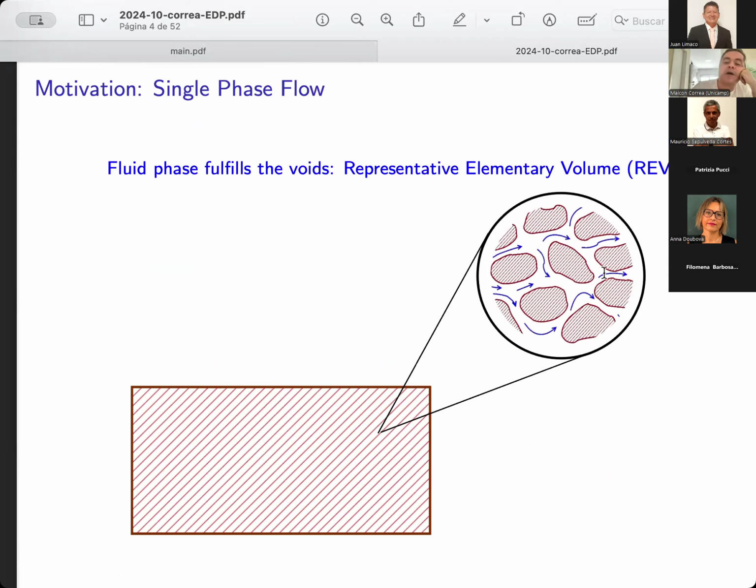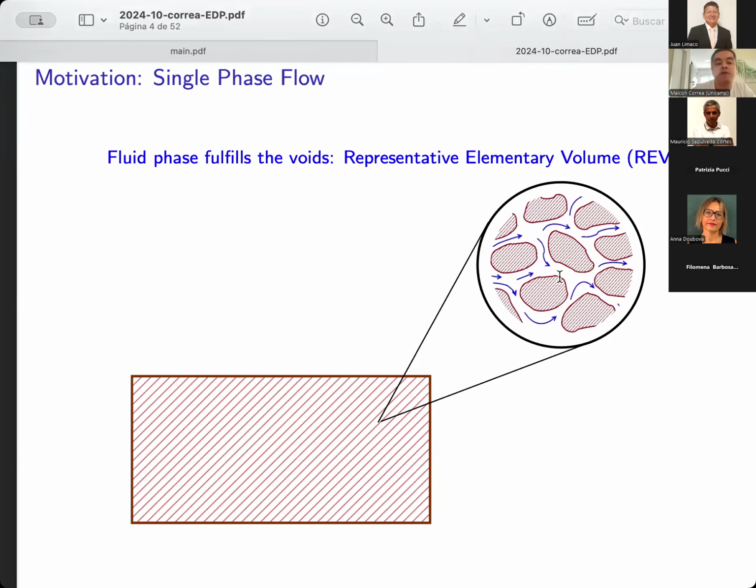So what does it mean? It means that now we have a representative elementary volume, and in this volume, lots of things happen. So here we are trying to represent the fluid flow between the voids. The voids are here the pores of the porous medium. So we can assume we have one single phase flowing there in the porous medium, and this flow is slow, and the fluid is Newtonian.